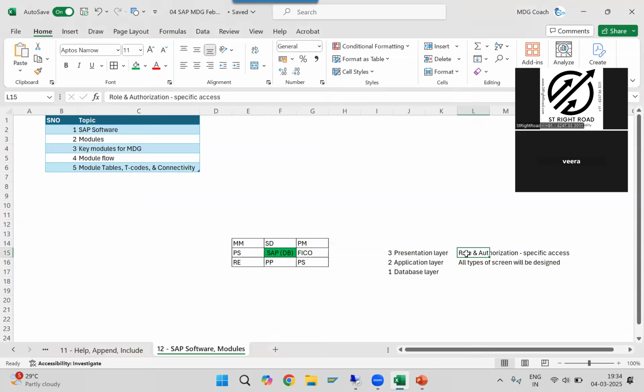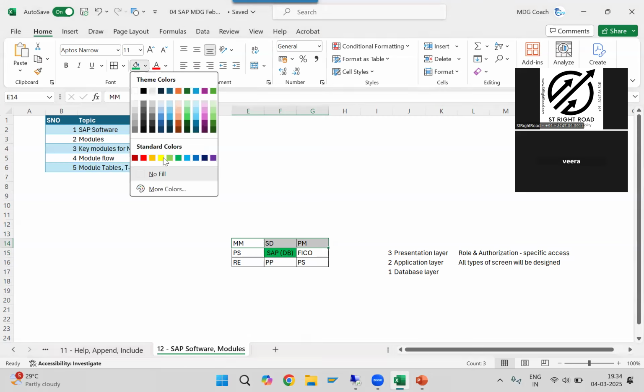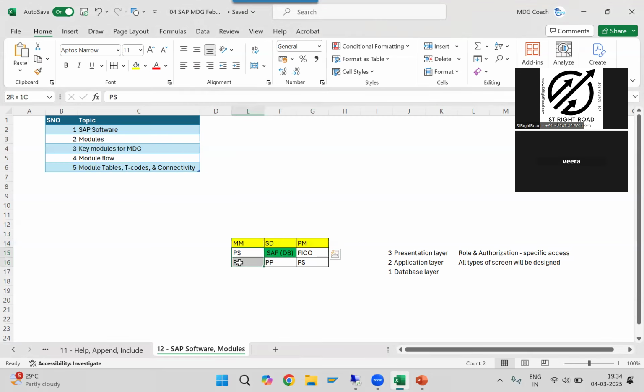Okay. Similarly, for the billing counter, they have a billing team. Some security team will be there. So specific to roles and authorizations, they are going to access that building. Similarly, in SAP also, we have different modules and different layers. Authorization specific, we are going to access all of them.